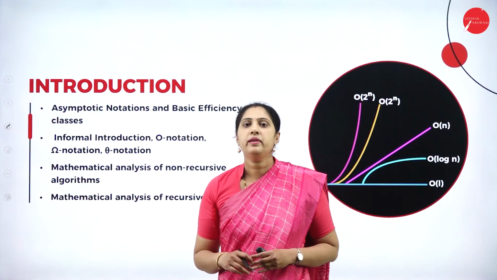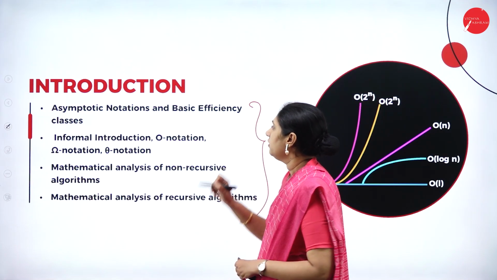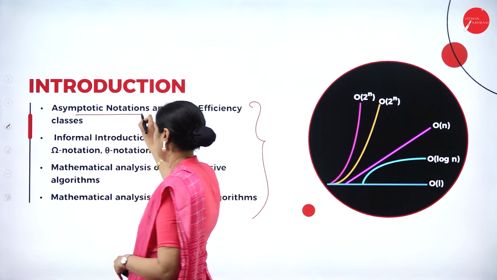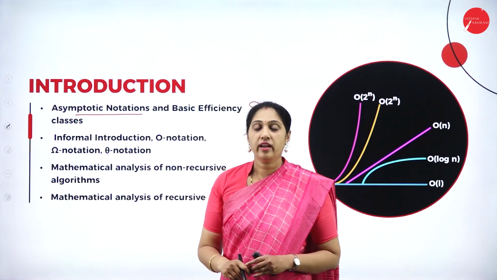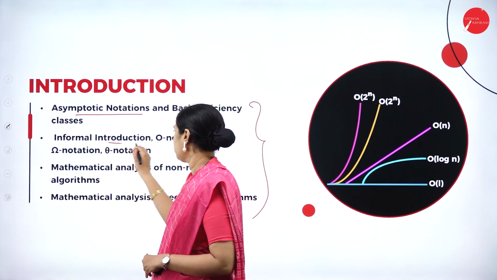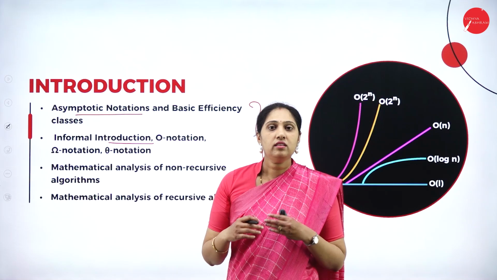So what are the topics covered in unit 2? The very first topic is asymptotic notation. What is this notation and why it is used? What is the definition of it? Next, the introduction. If I say asymptotic notation, what are the types?